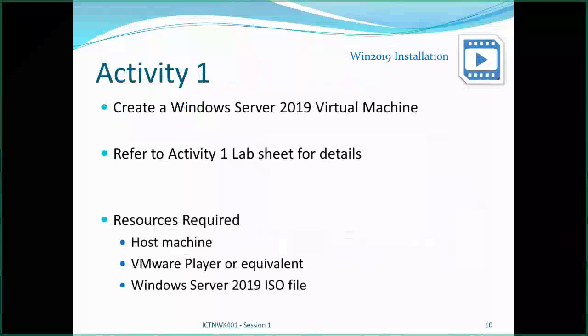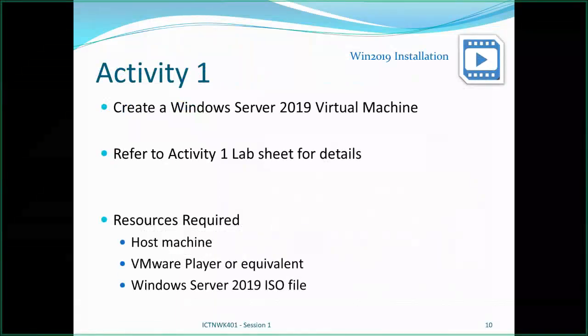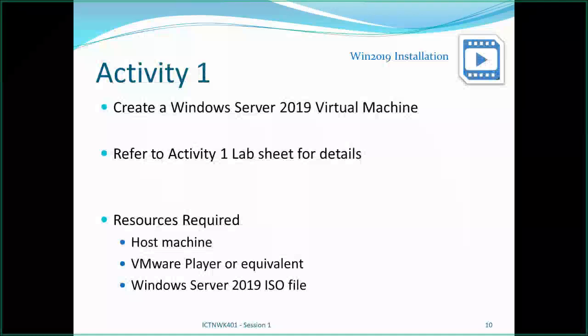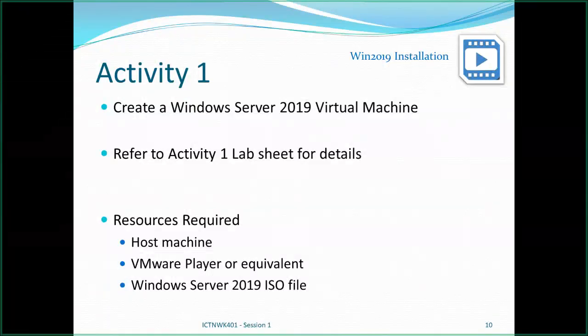Now, I have created a Windows 2019 installation video for this activity on how to install. The video is about 13 or 15 minutes long, and I skip a lot of the waiting time.